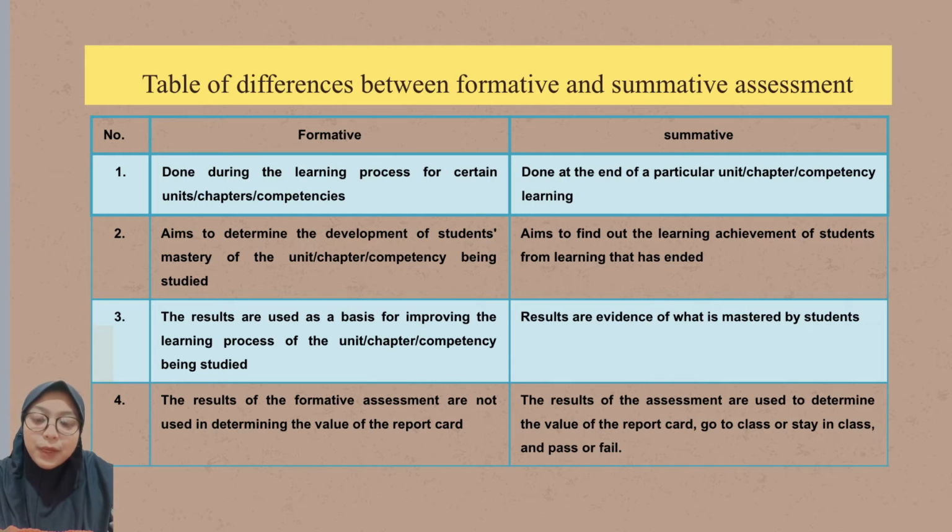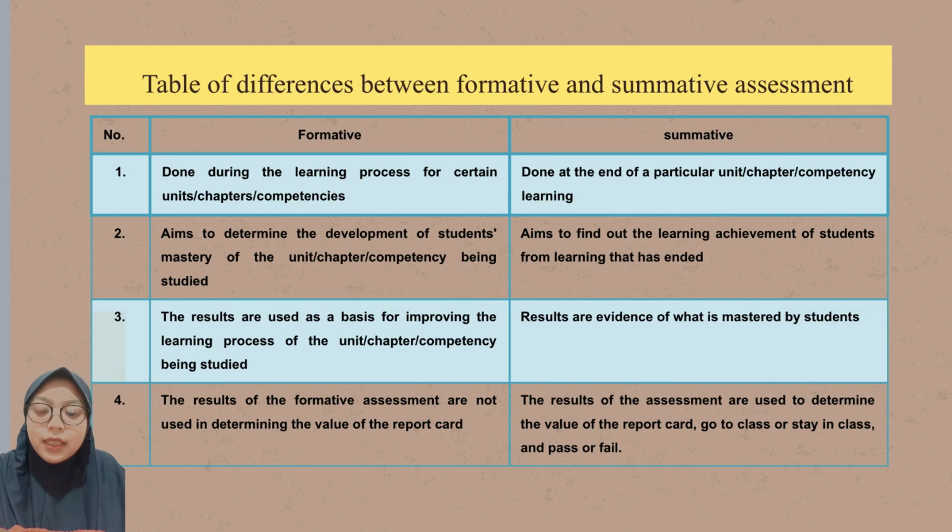First, formative is done during the learning process for certain units or chapters or competencies, and summative is done at the end of the particular unit or chapter or competency learning.